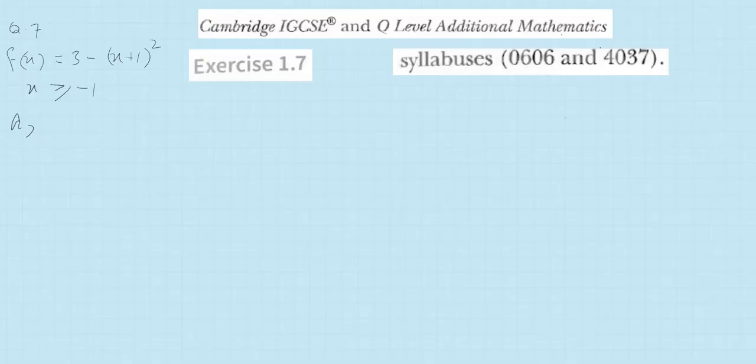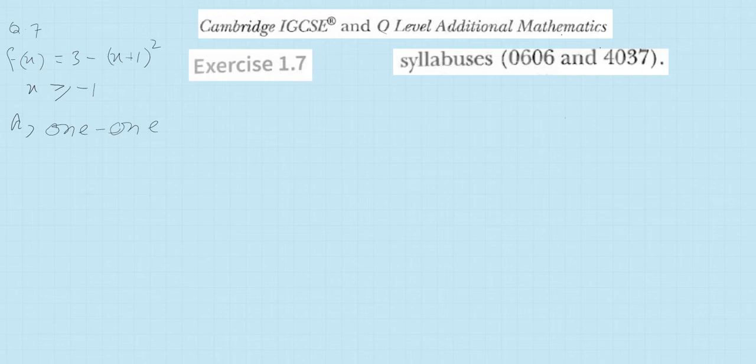What is the reason that the inverse of this function exists? Students, what I told you in exercise 1.1 and in exercise 1.6: a function has its inverse if the function is one-one, or you may say one-to-one.